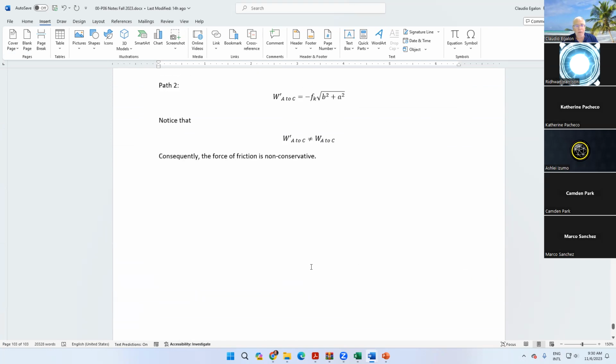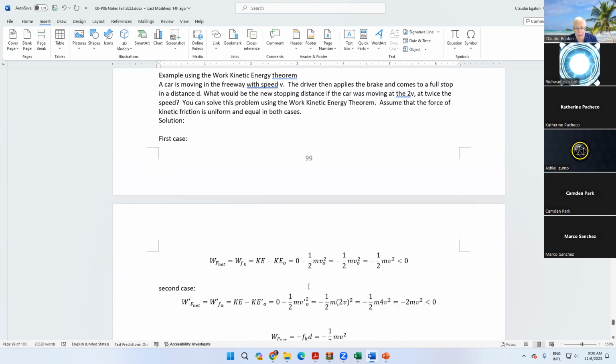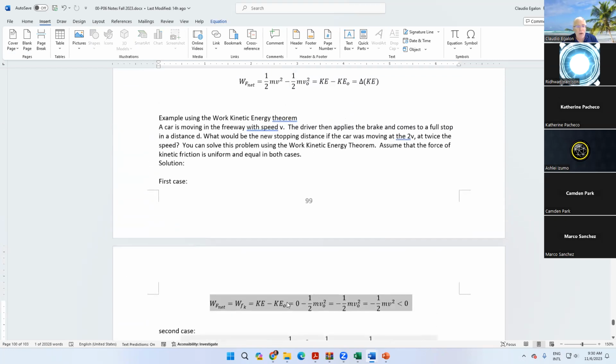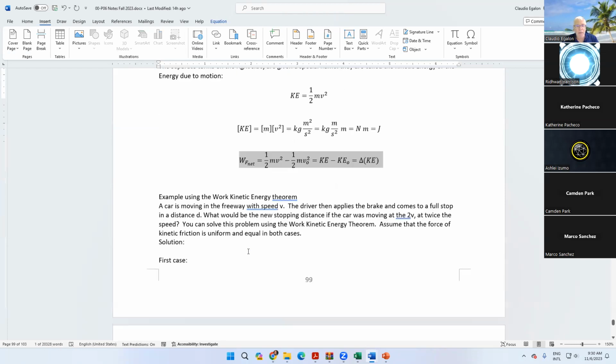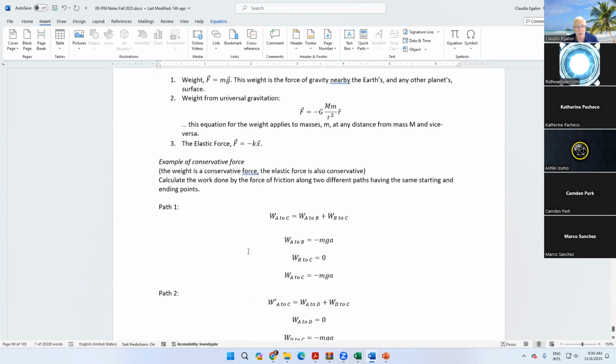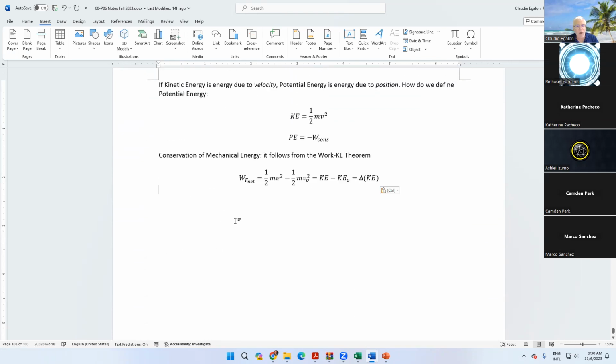Remember that? Let's go back. Before the exam, I came up with this result here. Remember? Work kinetic energy theorem. I'm going back to the work kinetic energy theorem. The work done by the net force is the final kinetic energy minus the initial kinetic energy.